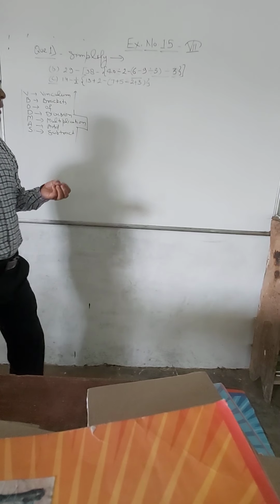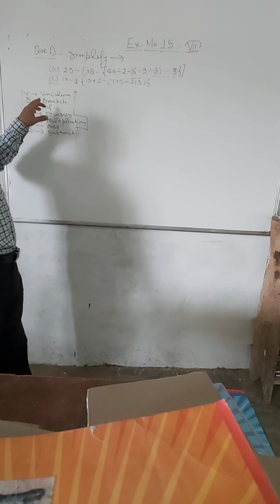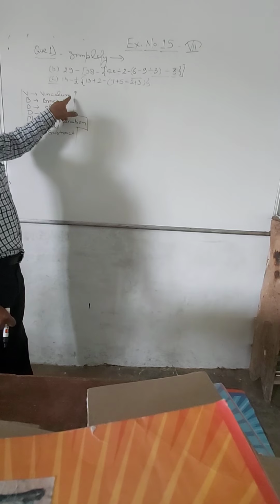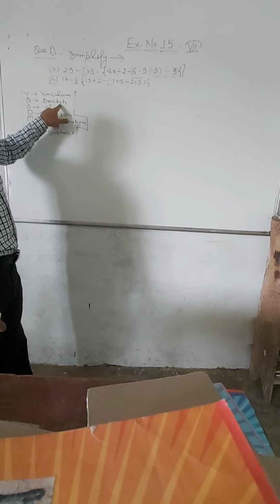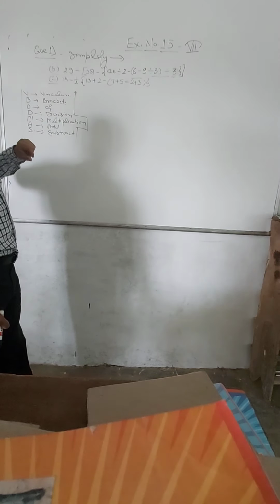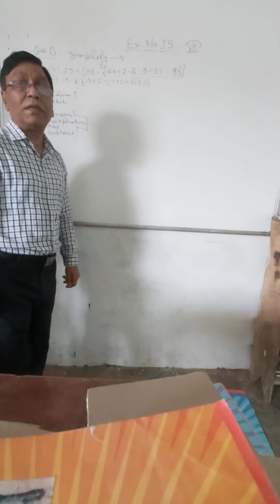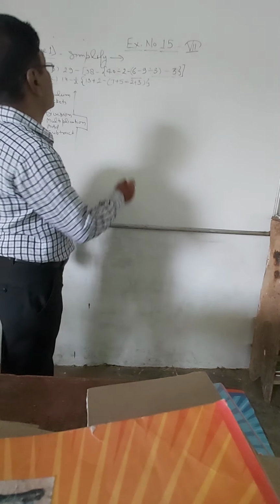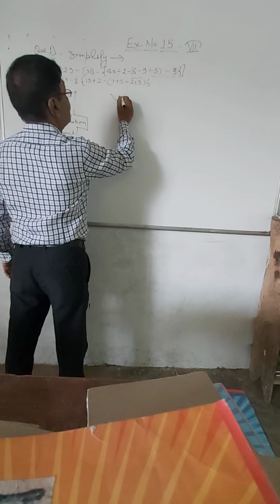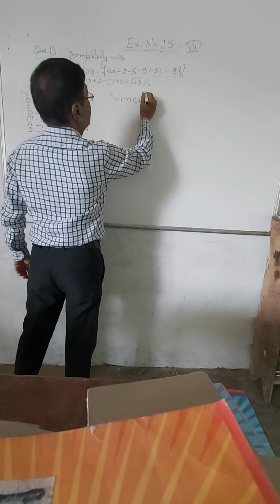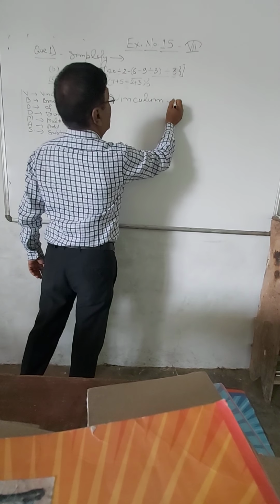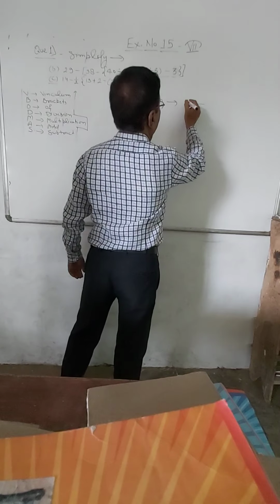Now you should know what the Vinculum, brackets, and of are. Vinculum is denoted by a line.